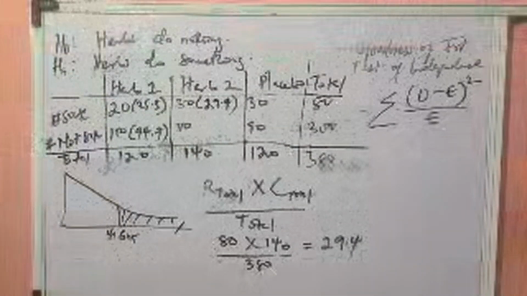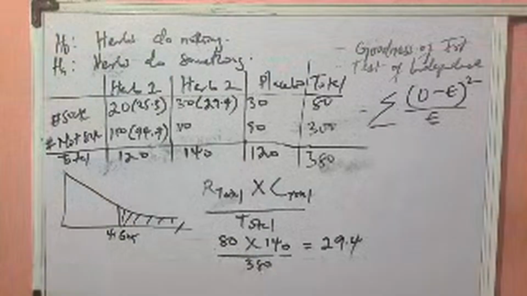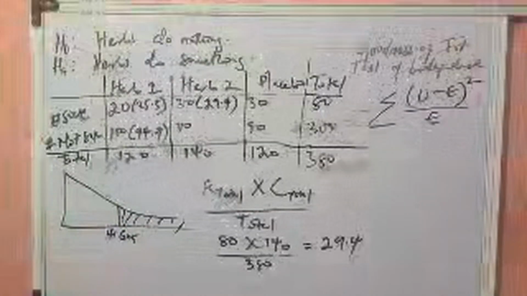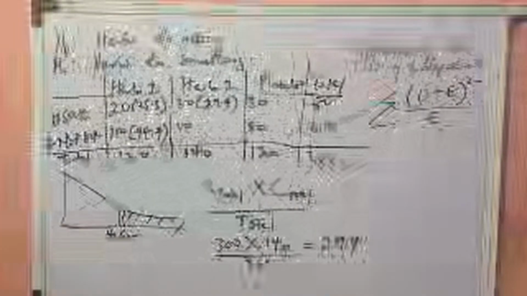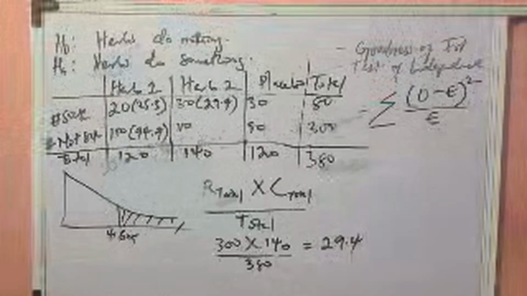All right. So you do for the rest. Look at that of 110. Of course, for 110, you would have 300 multiplied by 140. Okay, this is 29.5.